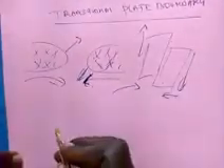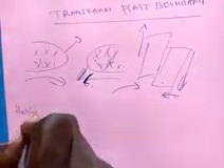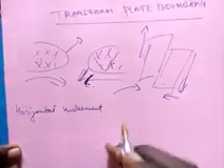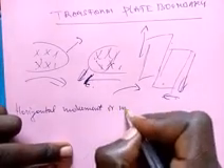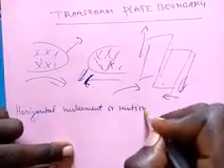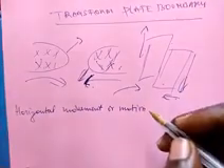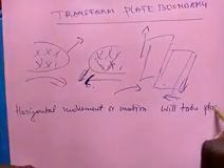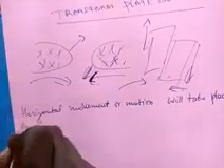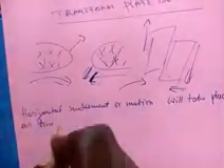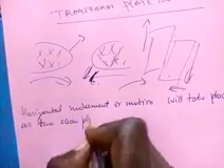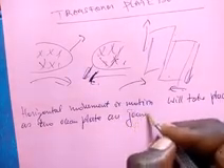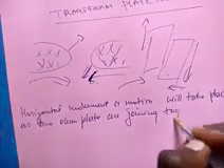So a horizontal movement or motion will take place as two oceanic plates are joining together.